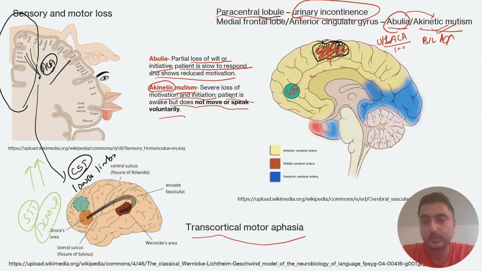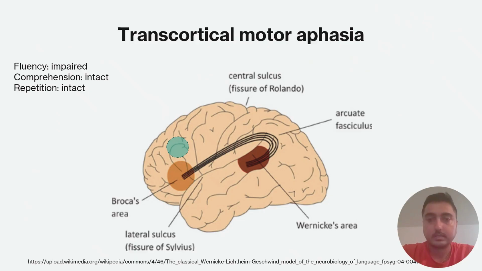Now I want to explain what this means in detail. So how is our speech produced? When we hear something, first of all, what we hear is comprehended in this area. This area is called Wernicke's area, Brodmann's area number 22.